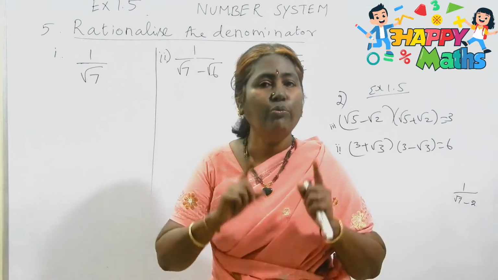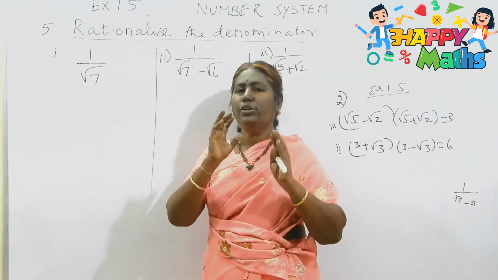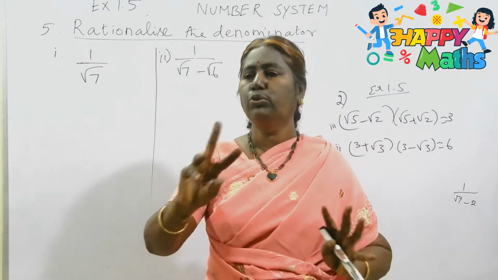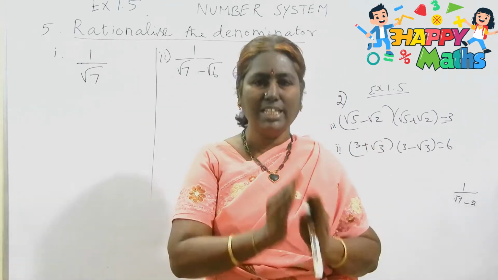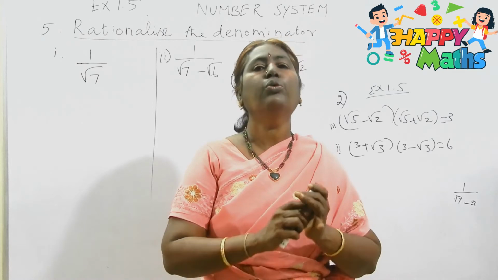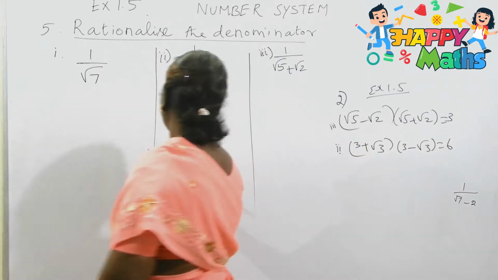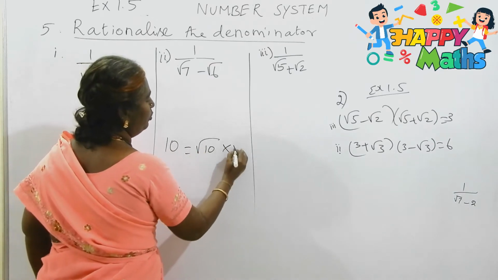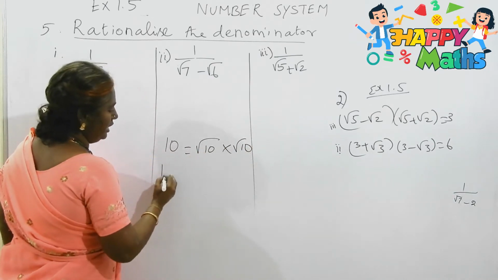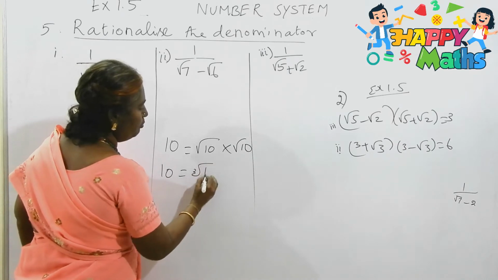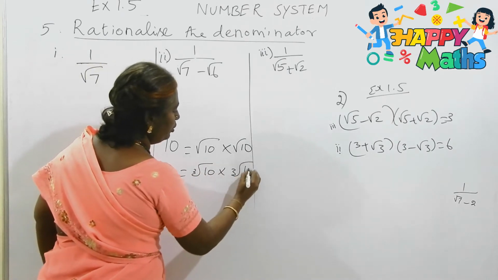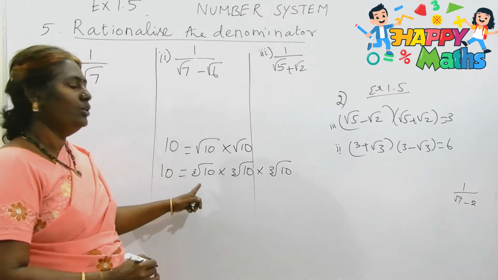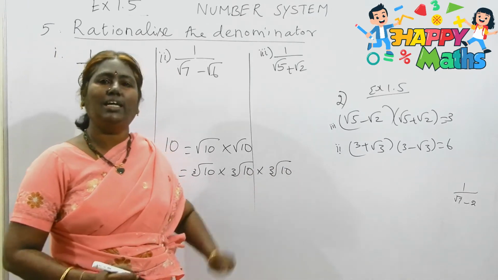See, I told you one technique. If you can split any number into square roots, it is 2 times. That is, if it is 10, then 10 is equal to root 10 into root 10. So let me write and tell you, 10 can be written as root 10 into root 10. And this 10 can also be written as cube root of 10 into cube root of 10 into cube root of 10, because if it is a cube root, you can split it 3 times.